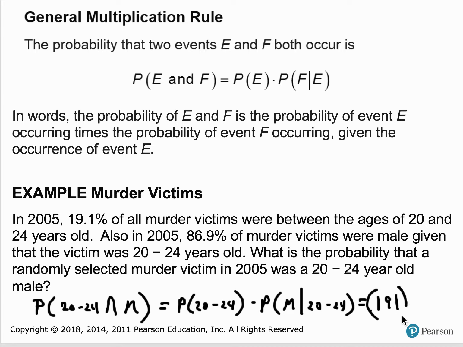So I'm just going to multiply these two. 0.869, and that's a number we just found, right? It's still in my calculator. 0.166. Okay, just plugging into a formula.